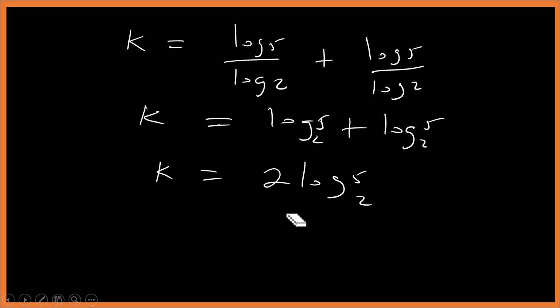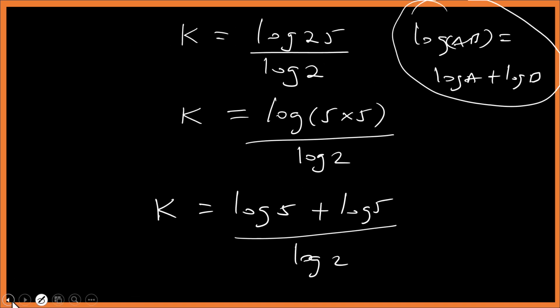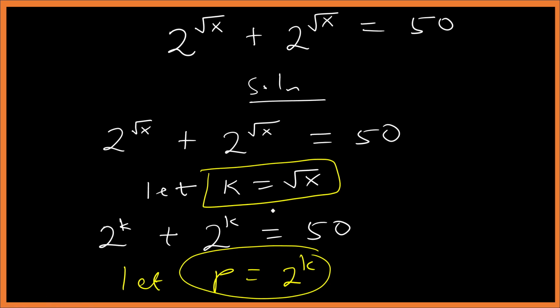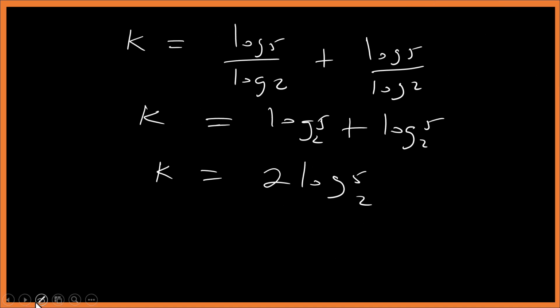Now let's go back to where k is, then do substitution. We have k here. k equals the square root of x.